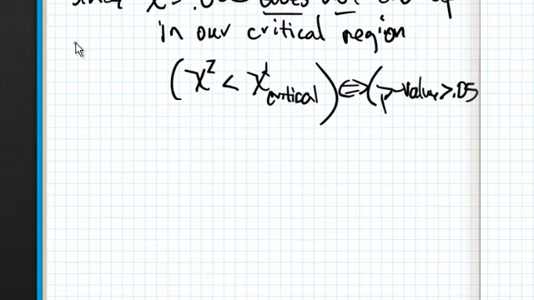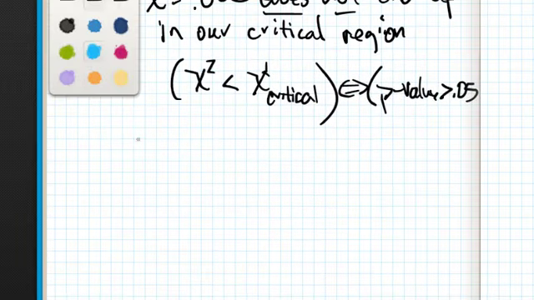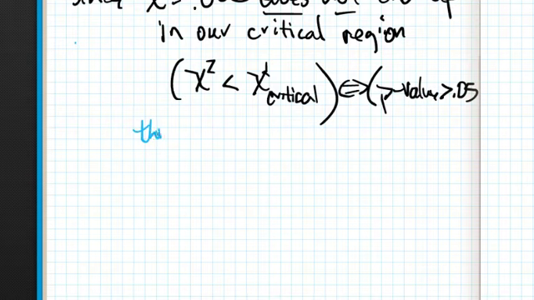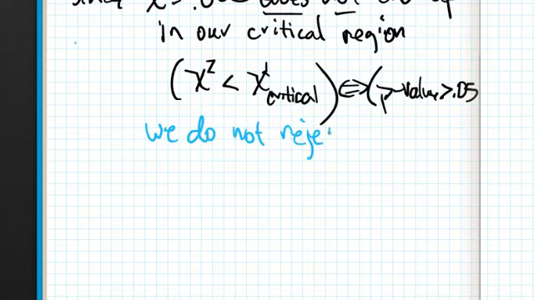Back over here. Let's be official and mathematical. We do not reject the null hypothesis. Remember, the null hypothesis said that wins and losses were independent of the status of the roof.